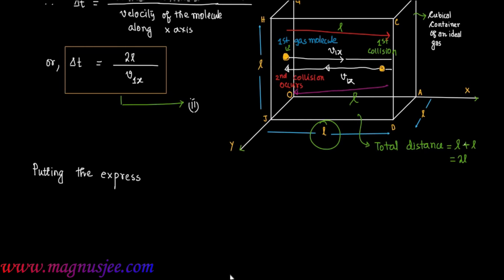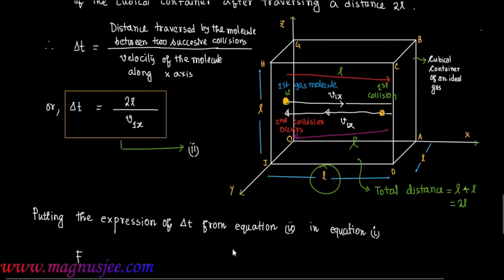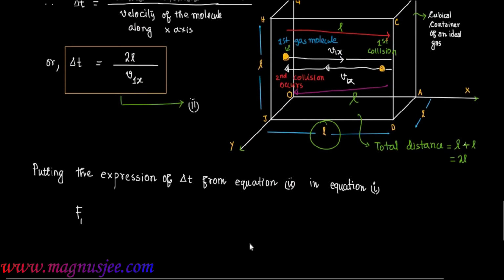Putting the expression of delta T, or interval of time, from equation 2 in equation 1, we get F1x is equal to delta P1x divided by delta T, where delta P1x is the change in linear momentum which is imparted to the vertical wall ABCD.